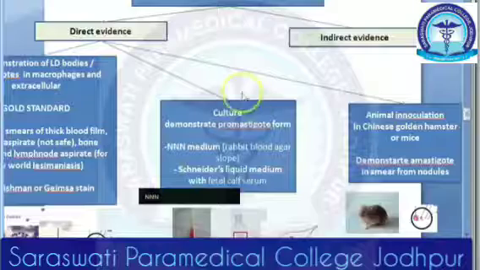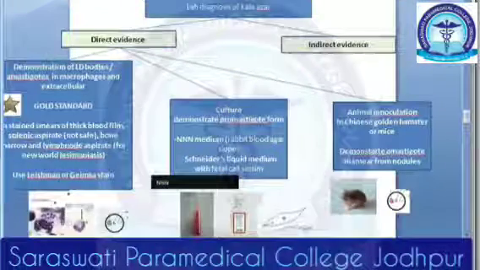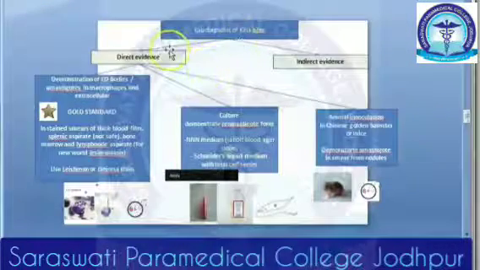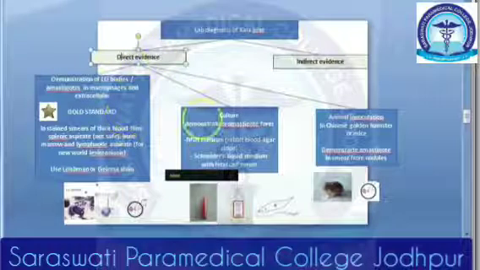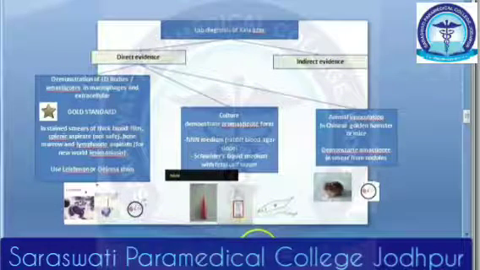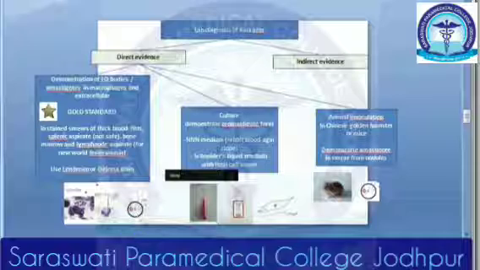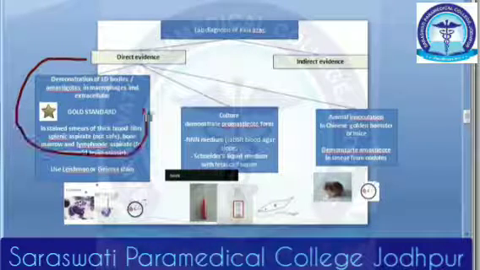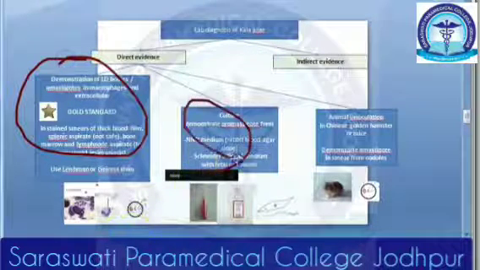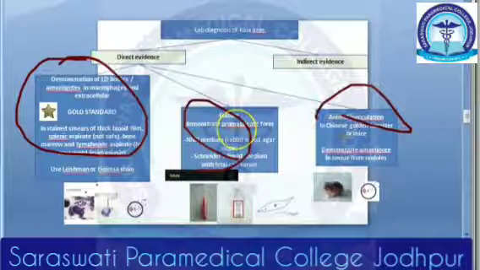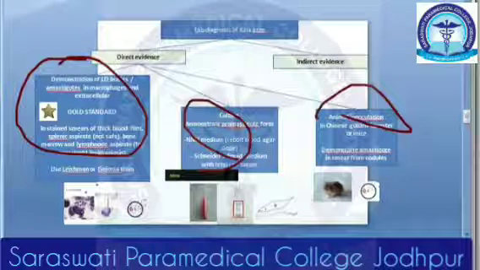So now we will move on to the lab diagnosis of Kala Azar. Basically, Kala Azar lab diagnosis has direct and indirect methods. In this slide what you are able to see is only the direct. Under direct you have demonstration of LD bodies, culture, and animal inoculation. So you have to demonstrate either the amastigote or the promastigote.